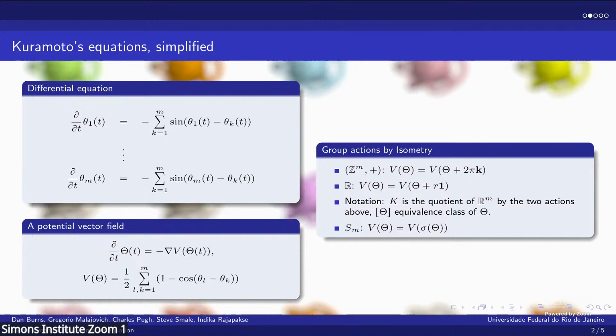The other is the diagonal action. And the third is the permutations. All keep the potential, but here is what gets confusing: the vector field is invariant under the first two actions and equivariant under the other, meaning that if you make a permutation, the vector field gets the same permutation.